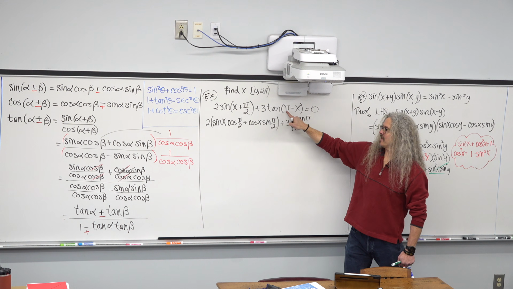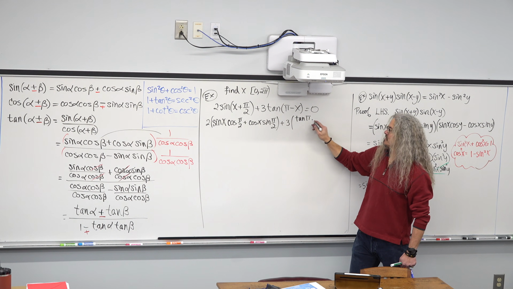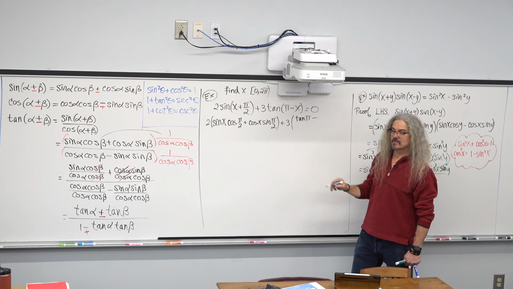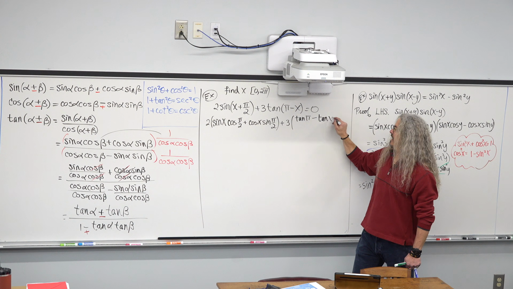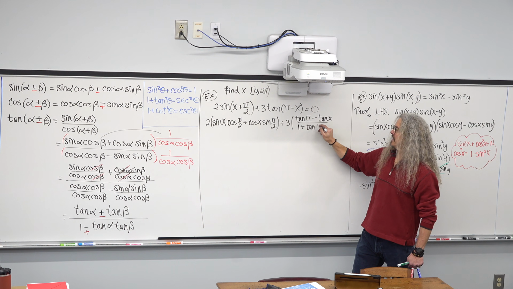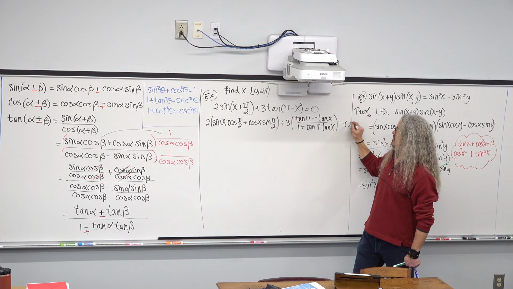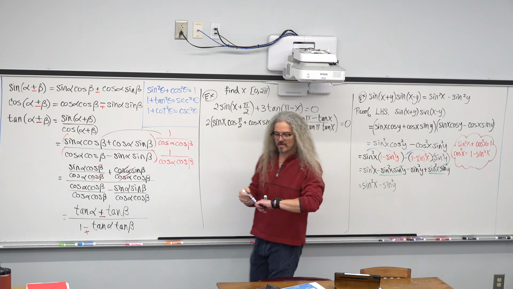This is the tangent of two angles being subtracted. So it's tangent of the first, tangent of pi minus tangent of x over 1 plus tangent of pi, tangent of x is equal to 0. That looks disgusting. Let's see where we go.